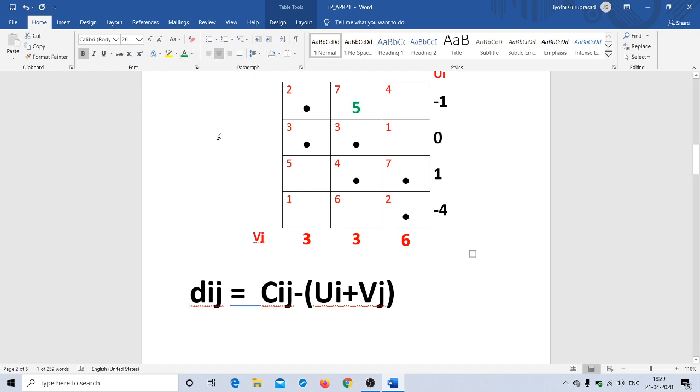So I just have a green color. So that is my Dij. Similarly, for this, I have this 6, 6 minus 1 is 5. So 4 minus 5 is minus 1. So that is my Dij for this particular cell. Similarly, this will be minus 5 for this cell.